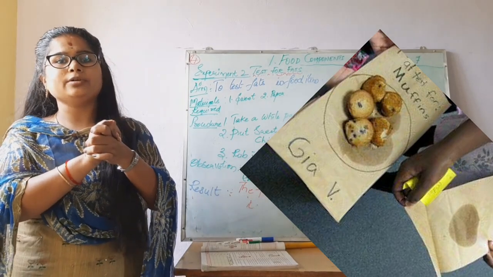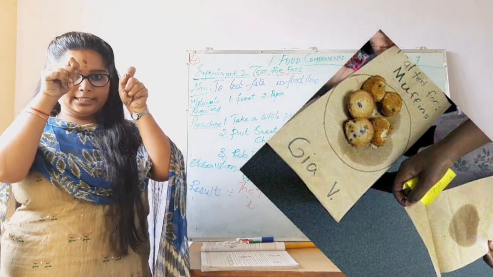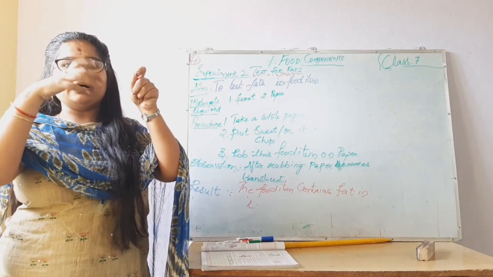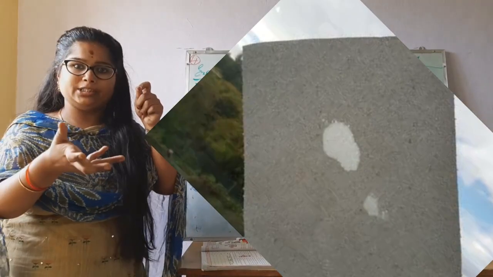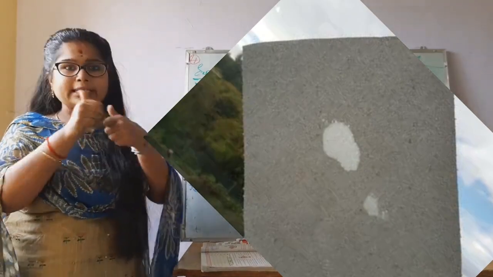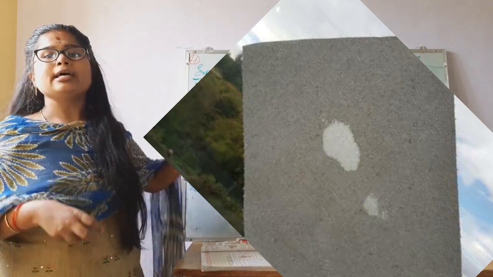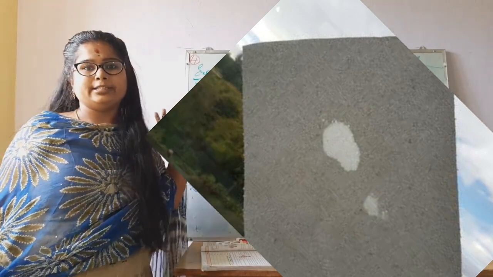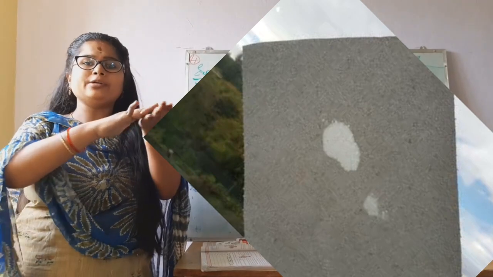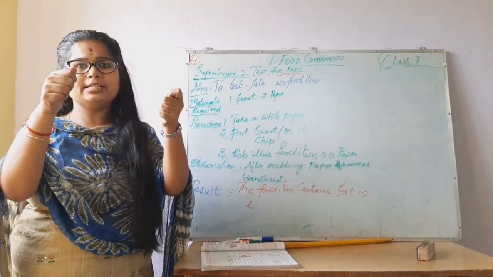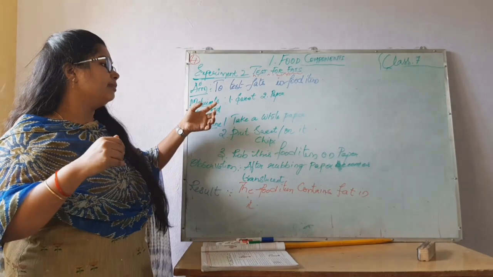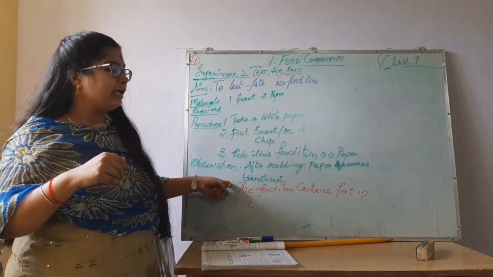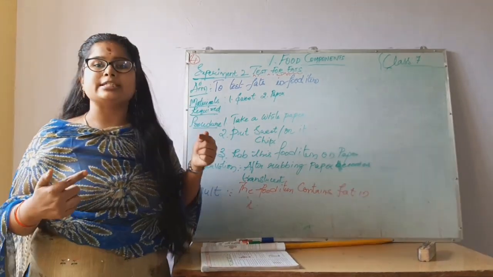If that paper becomes transparent, meaning you can see other objects partially, then you can say that yes, it contains fat. Simple. If you apply oil to the paper, it becomes transparent, isn't it? Like that, any food item which contains fat will make the paper turn transparent.